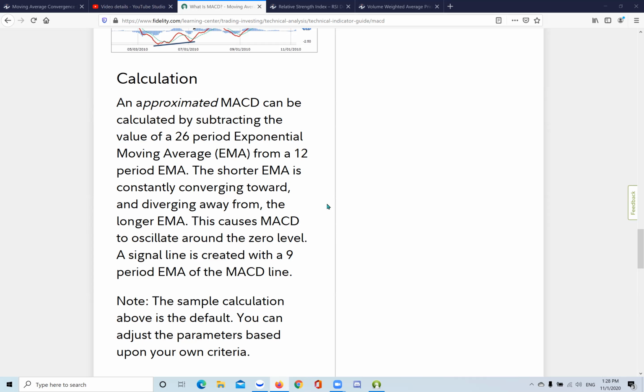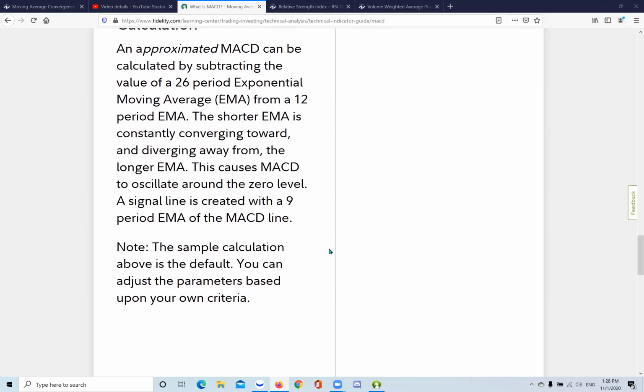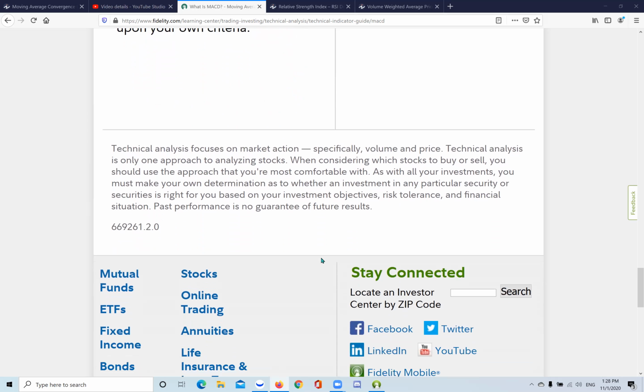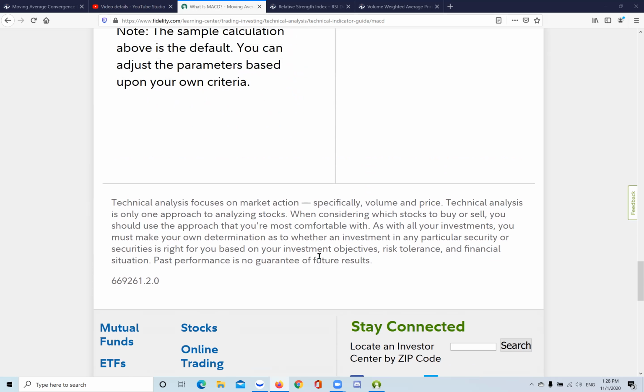This causes MACD to oscillate around the zero level. A signal line is created with a 9-period EMA of the MACD line. Note, this sample calculation is the default. You can adjust the parameters based upon your own criteria. So this is about that.